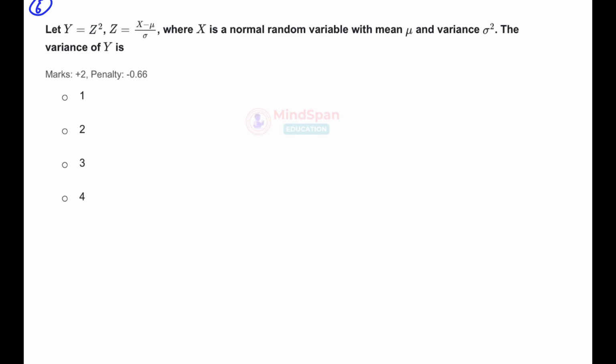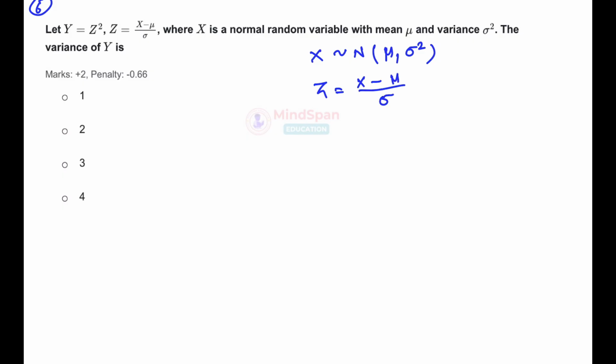So this random variable x is a normal random variable with mean mu and variance sigma square. And we are given that z is equal to x minus mu divided by sigma.